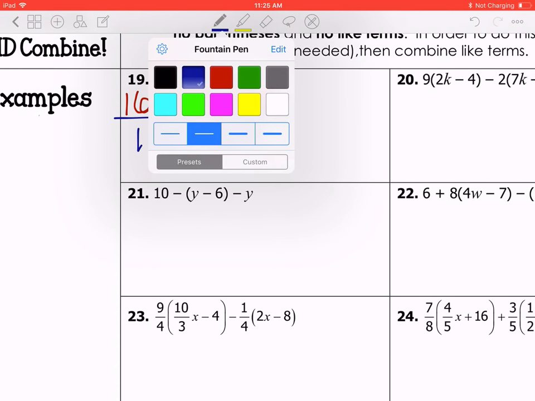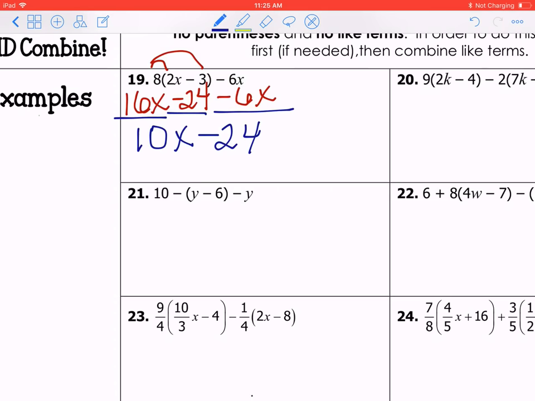Like the example at the top, we need to distribute this negative sign. If there is no number there and it's just a negative, you're distributing in a negative 1. So this is going to read negative y, and this negative times negative 6 turns positive. And I'm going to bring everything else down.